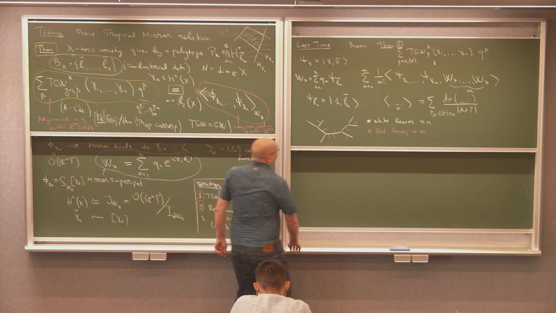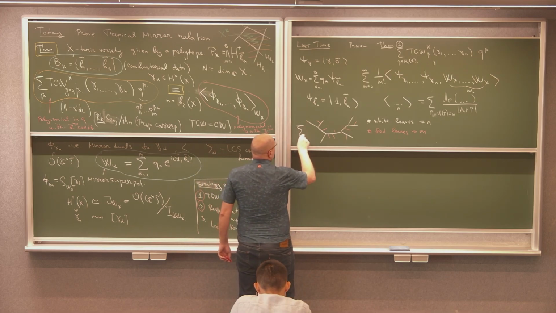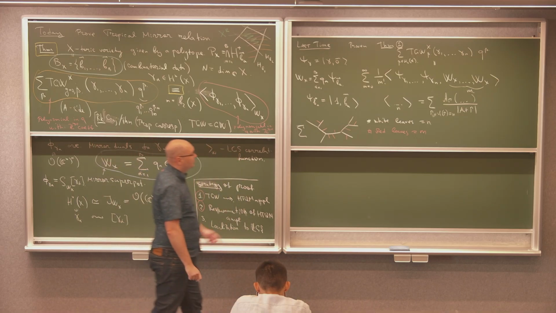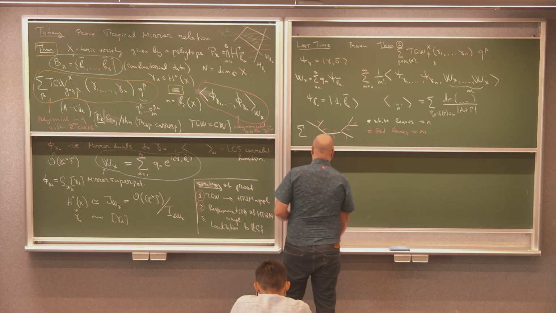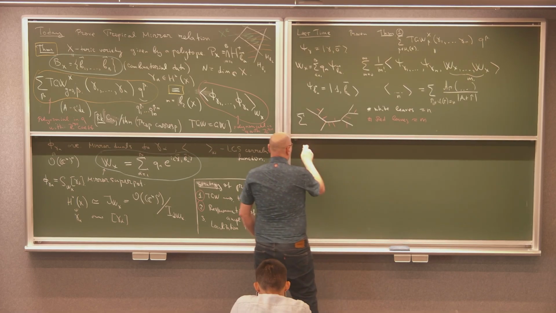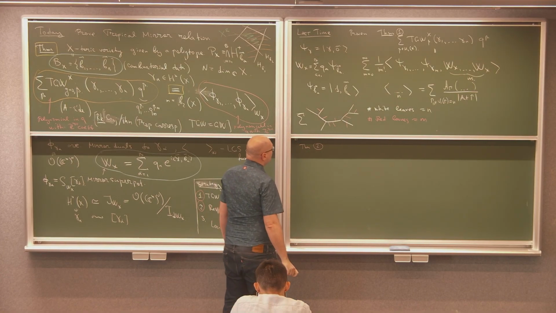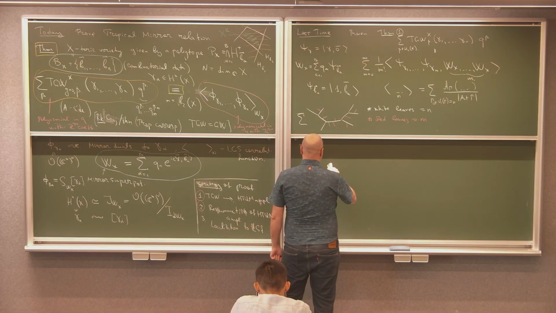So that was one of the observations, that we can simplify this correlation function to this formula. Then there is a theorem, we call it theorem 2, which was essentially a statement like this.